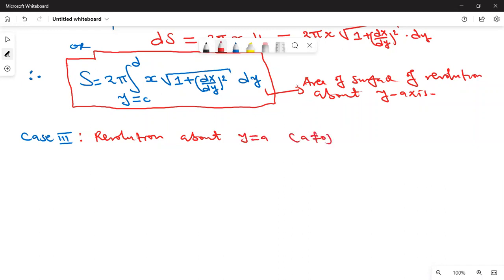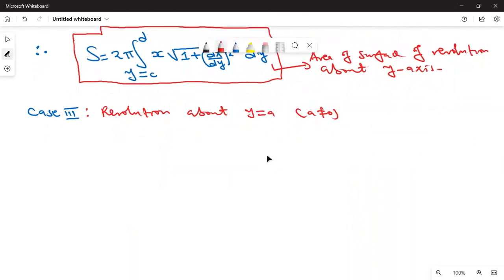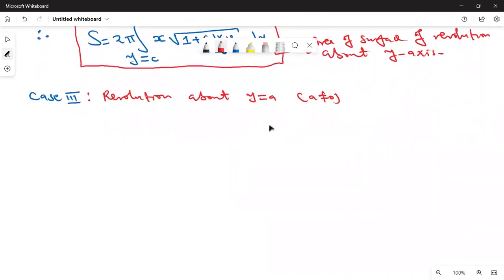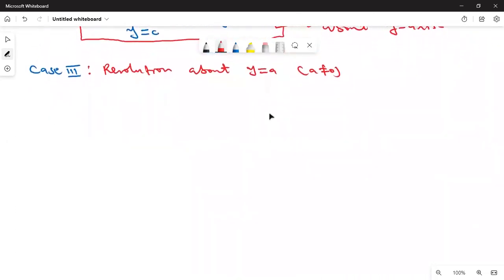Any other line. So in case 3, we have a horizontal line different from the x-axis. So let's have a rough sketch of such a line.